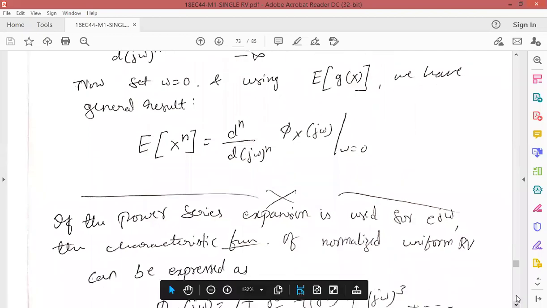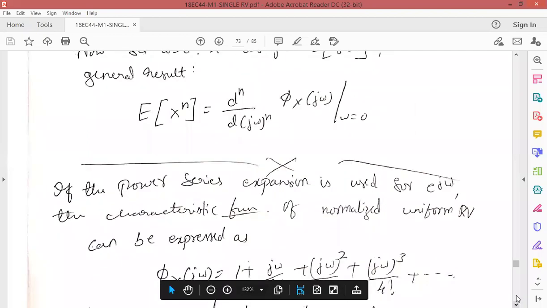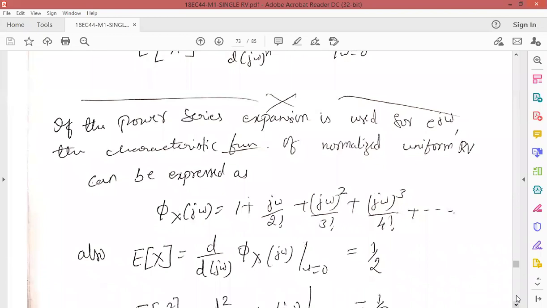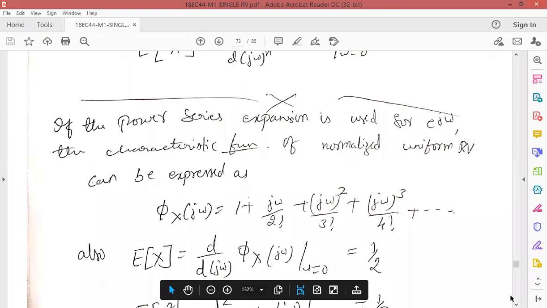Here we are going to consider a power series expansion which is used for the e to the power j omega function. For such a power series expansion, we'll see what the characteristic function is.